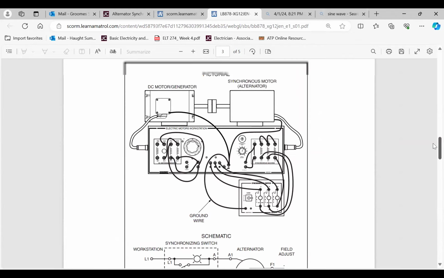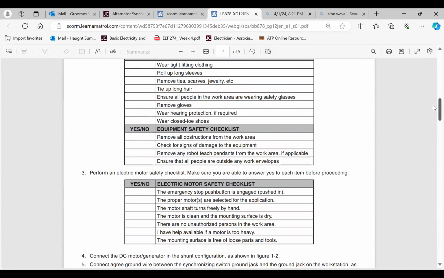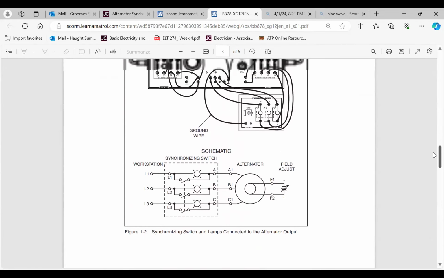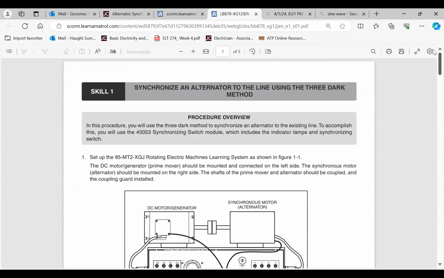As you're reading these skill manuals, the first thing is when you look at the figures, the step-by-step instructions reference them a lot. For example, it says set up the electric machine learning system, which is essentially, I don't know if you've ever been into the STEAM lab on campus, but Amatrol itself sells a lot of these electrical toolkits, and they're like mock simulations for how things might look in a machine shop or a factory.